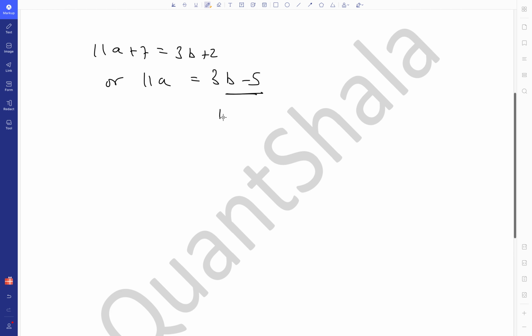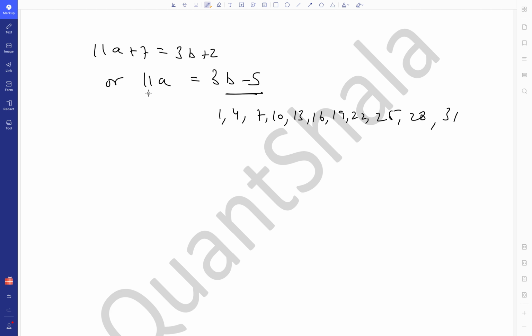For b equal to 2 you have 1, then you have 4, then 7, 10, and you keep adding 3 to it: 13, 16, 19, 22, 25, 28, and then 31.